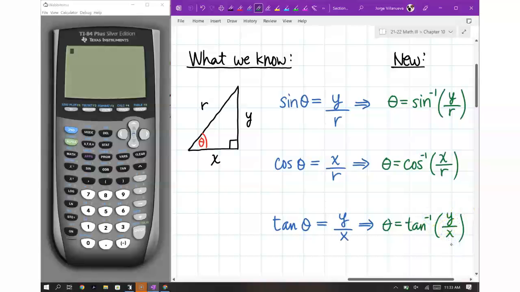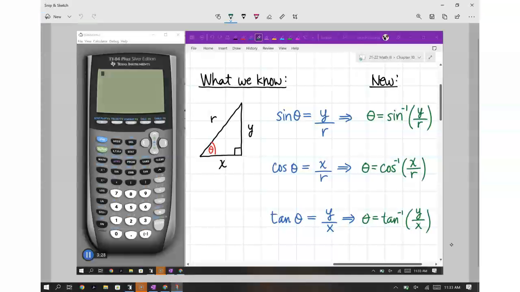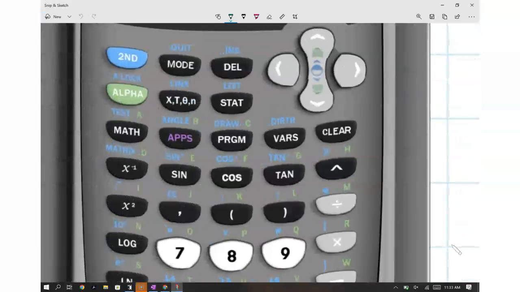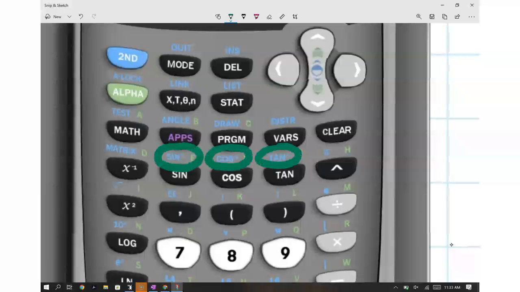Now I'm going to take a real quick screenshot here just to kind of show you guys something, so that way I can zoom into it. So look right here. Above the tangent, the cosine and the sine function, you guys see this right here? Sine inverse, cosine inverse, tangent inverse.